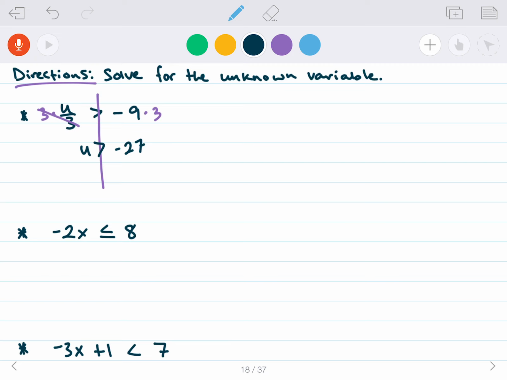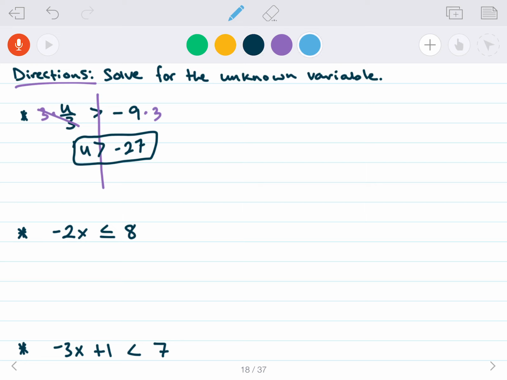I didn't multiply both sides by negative anything, right? The only time you flip it is if you are physically multiplying or dividing by a negative, okay? And you can always check yourself by testing your solution set into the original inequality, okay? So like testing numbers from it, just like we did in the previous slide. All right, so this is our solution, and you can plot it on a number line. You don't have to, but you can.